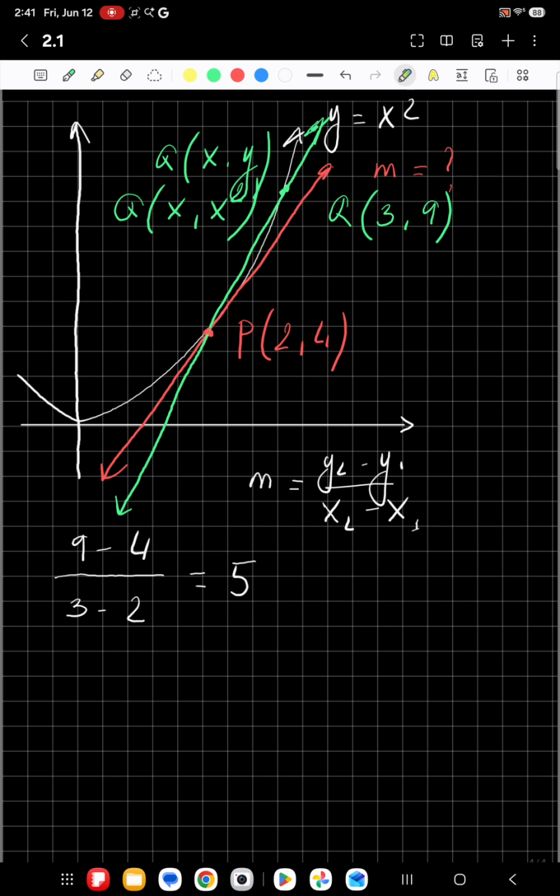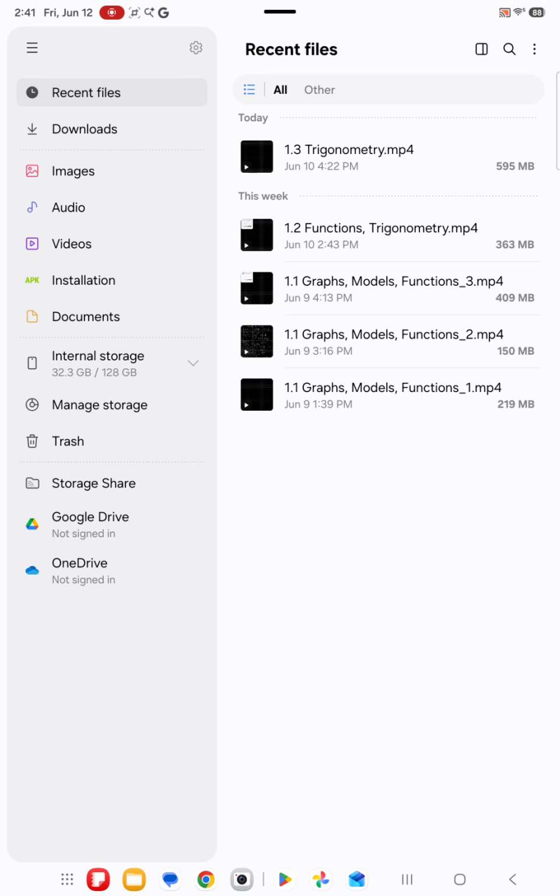So now, if I want to write the formula for slope, instead of taking those particular numbers, I'm going to take x squared and x. So some kind of general formula for slope.